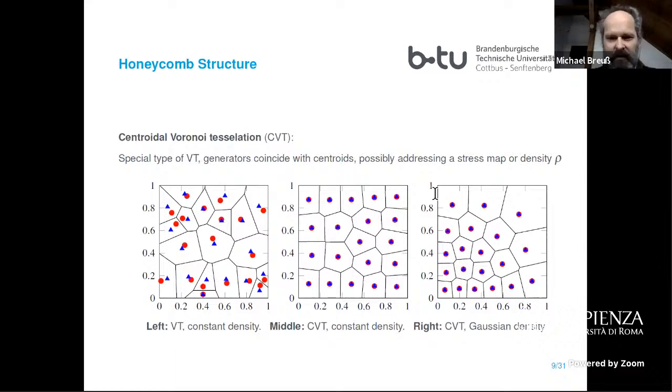So let me take an example here. This was the Voronoi tessellation, not centroidal, from the last slide, where everything was looking not so uniform. And then you put in the technique for the centroidal Voronoi tessellation, and I will go into some more details about this.